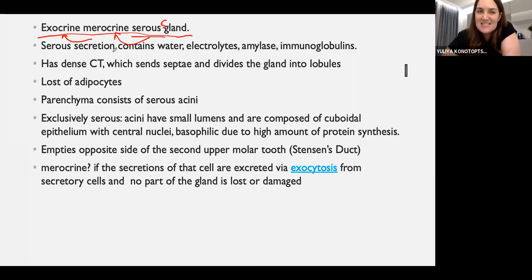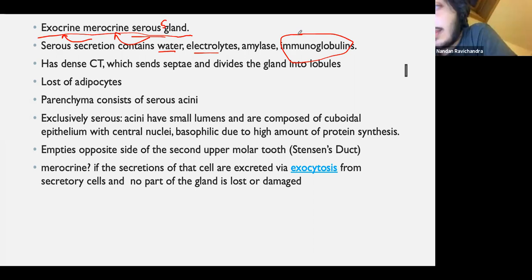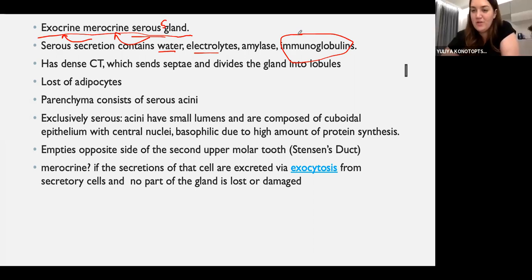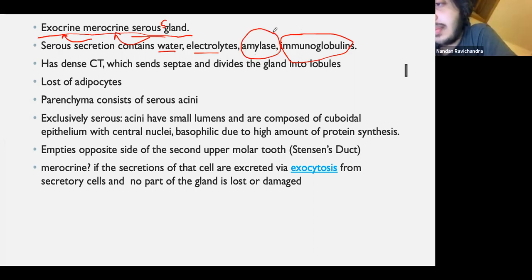What does the serous saliva consist of? Water, electrolytes, some antibodies. Which antibodies specifically? IgA, immunoglobulin A. Do not forget that this antibody is present in all of your secretions. But also amylase. What is amylase? An enzyme.